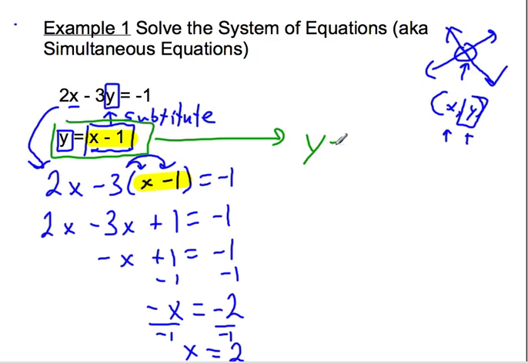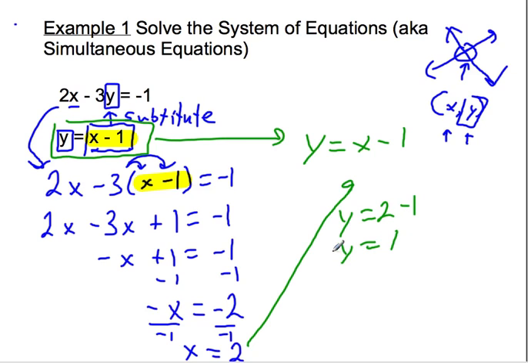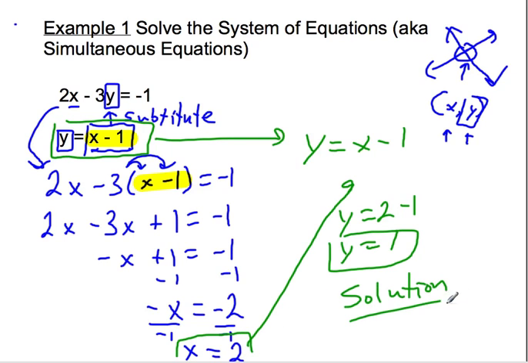So we can use y equals x minus 1, substitute the value of x equals 2, and you get y equals 2 minus 1, so y equals 1. So y equals 1 and x equals 2 at the point of intersection. So your solution is (2, 1). That's the point at which the lines meet.